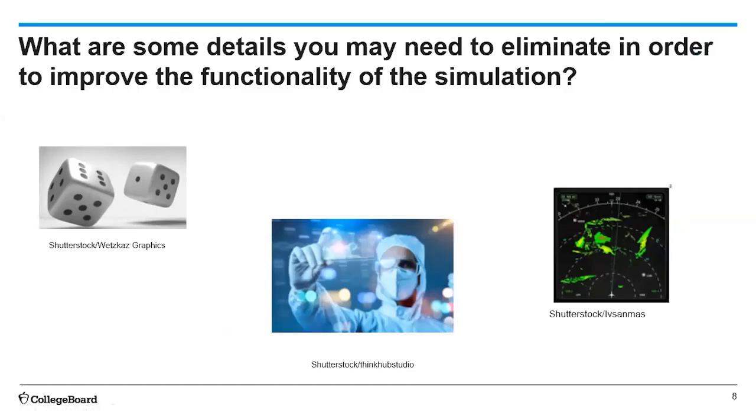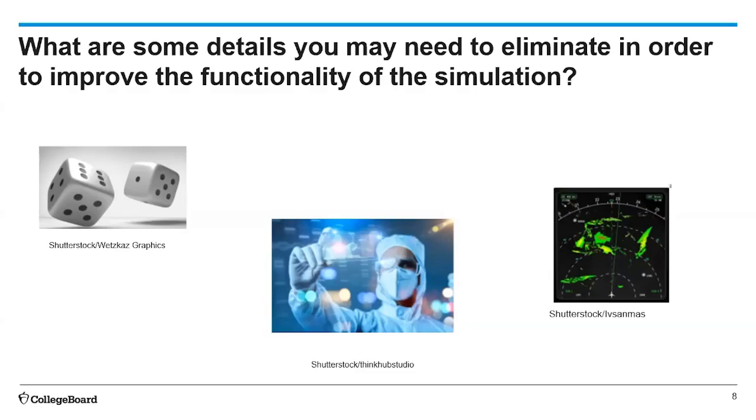So, what are some details you need to maybe eliminate to improve the functionality of a simulation? Well, one of the things you have to understand, a simulation is trying its best to mock the real world event. So, case in point, if you're going to simulate rolling a pair of dice, when you roll a pair of dice in the real world, you're dealing with weight, you're dealing with impracticalities, maybe a flaw in the design, like one die may weigh a little bit more than the other.